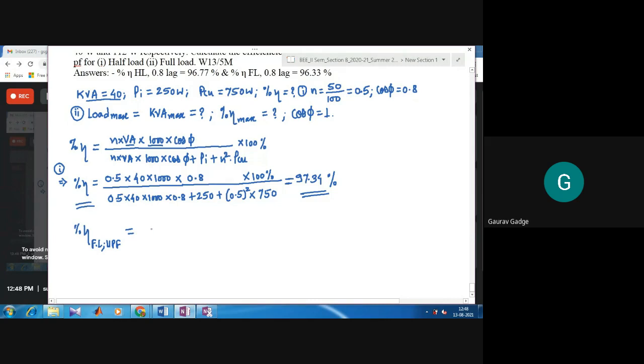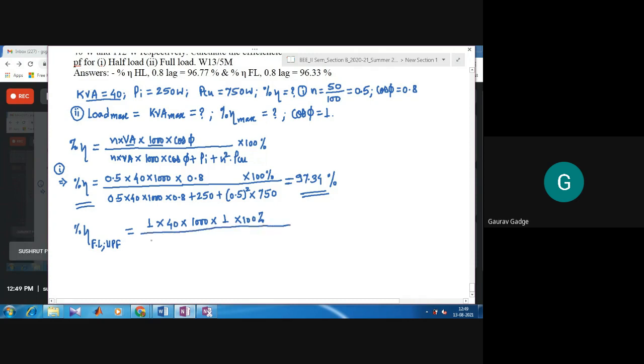It is not given here, but still, if we have to find it, what do we have? We have full load, which means the value of N is 1, into 40 into 1000 into unity power factor, cos phi equal to 1, multiplied by 100% to have the efficiency in percentage.